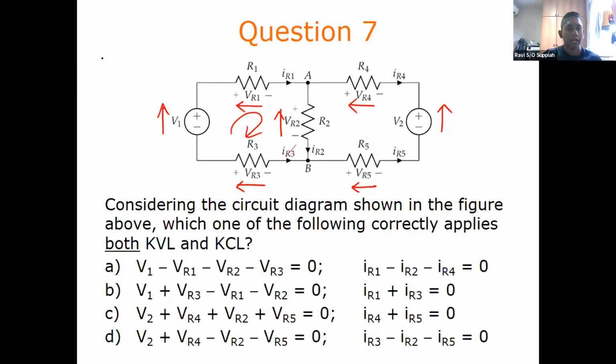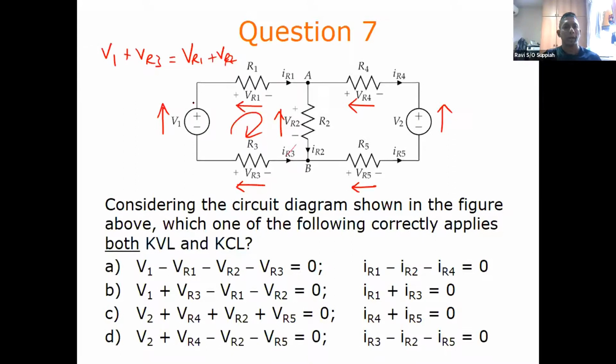So I can write the equation as V1 plus VR3, because both of them are in the same direction, right? But VR1 and VR2 are in the opposite direction, correct? This is going clockwise. VR1 and VR2 are going anti-clockwise. So it equals VR1 plus VR2. So this is the equation you get for this loop.